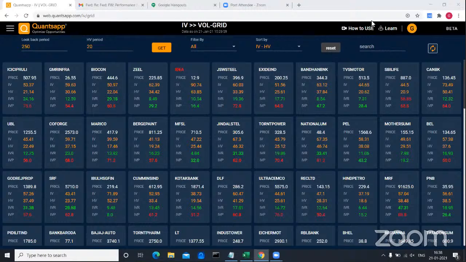Now the volatility is annual, as Mr. Pushpak said. But we can also look into the daily volatility, weekly volatility, and monthly volatility. There are some formulas to calculate that as well.